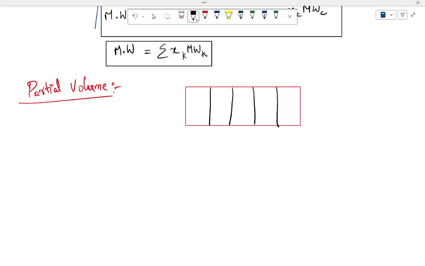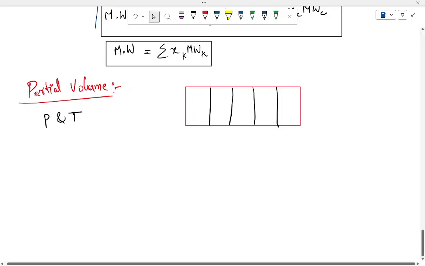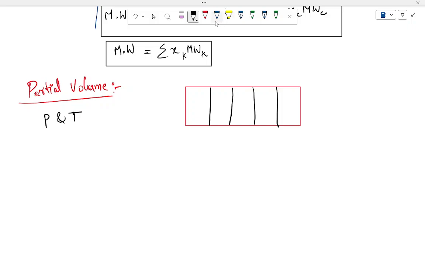Sometimes when the holes are made for these chambers, all the gases will get mixed. But now let us say they are not mixed and they have their own volumes, and they have the same pressure P and same temperature T. If that is the case, how should I write my PV is equal to MRT here?